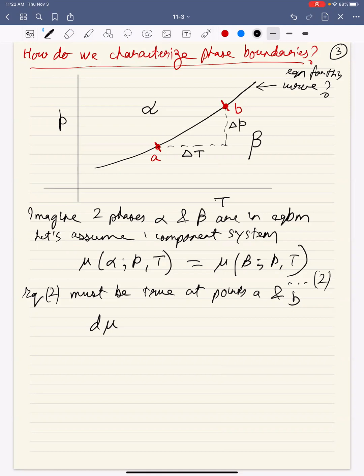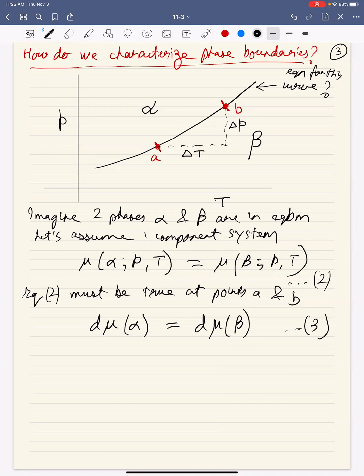And basically we want to derive an equation connecting delta P to delta T. That's what we want to do. So d mu of phase alpha must be equal to d mu of phase beta. If they were at equilibrium at A and they are also at equilibrium at B, they must change by the same amount.